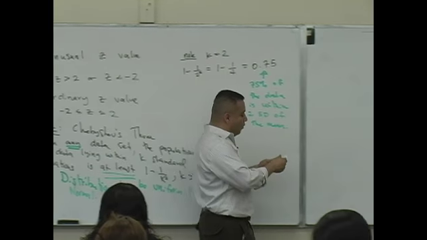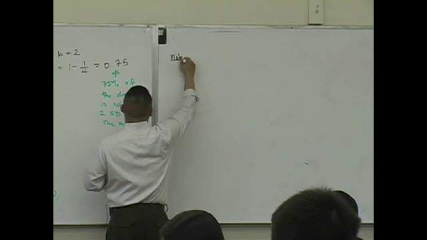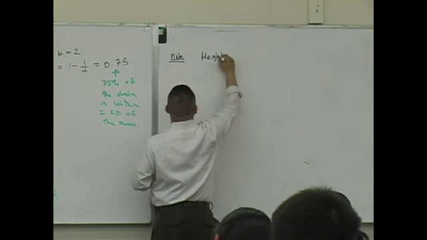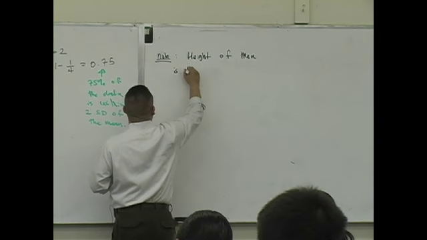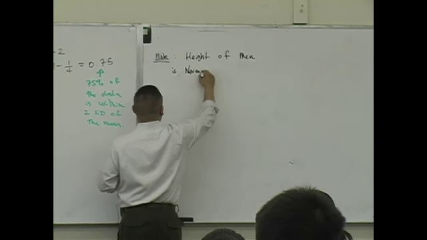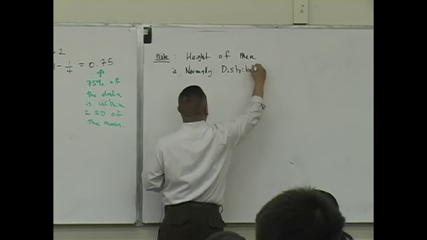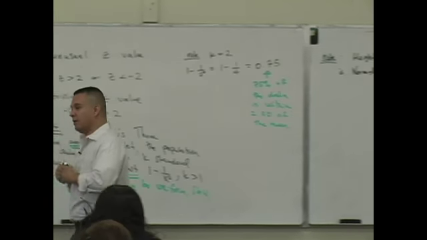We know a little bit more. First of all, we're going to recall or note that the height of men is normally distributed. What does that mean? Do you guys remember when we talked about that? What does it mean to be normally distributed?